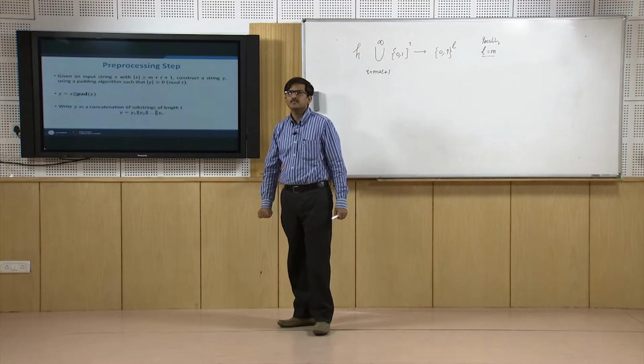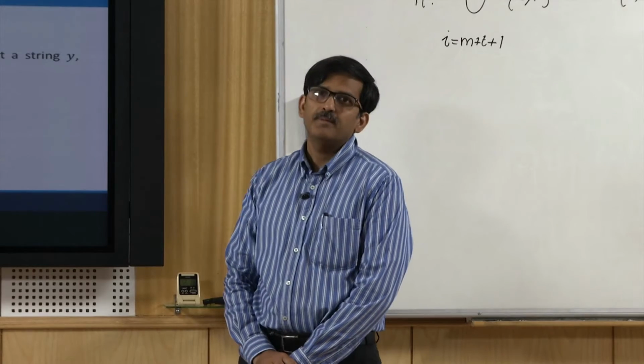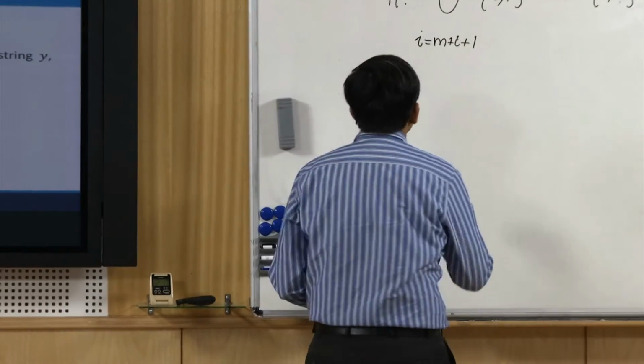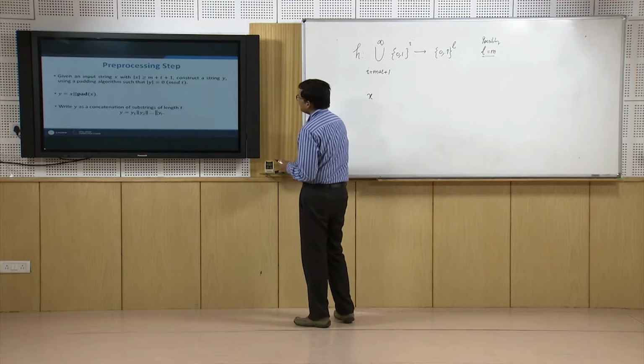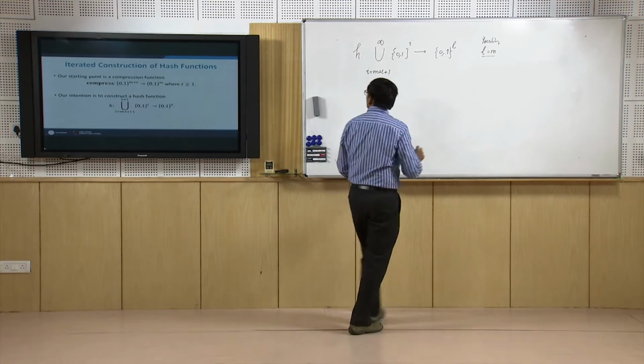Now, our strategy has a pre-processing step. So, once we get x as the input, we know that we have compress. So, let me write down compress on the blackboard.